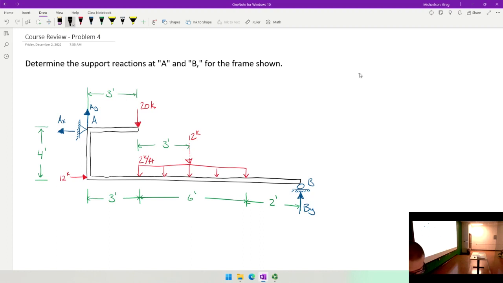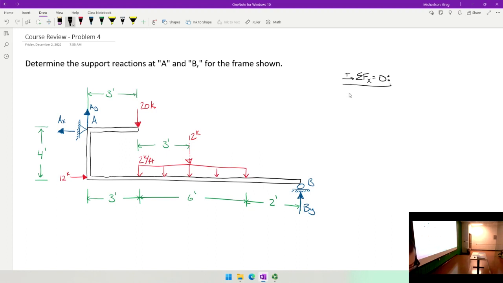Because if I sum forces in the x direction, assuming forces to the right are positive, looking at the entire structure, I account for the 12 kips, but I ignore these three forces over here on the right, since they are all vertical. All I have is an AX acting to the left and a 12 kips acting to the right.